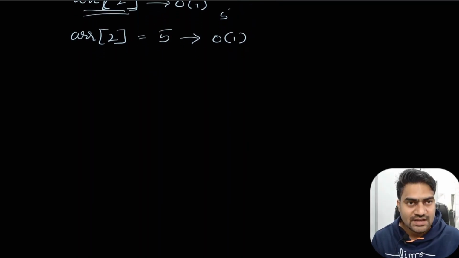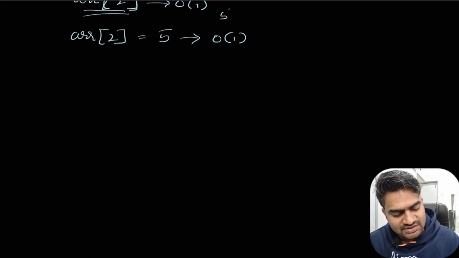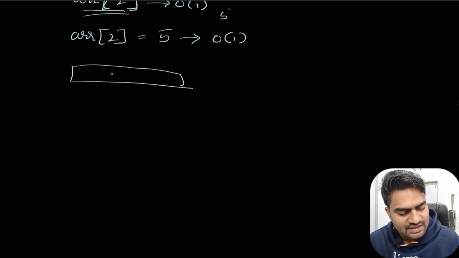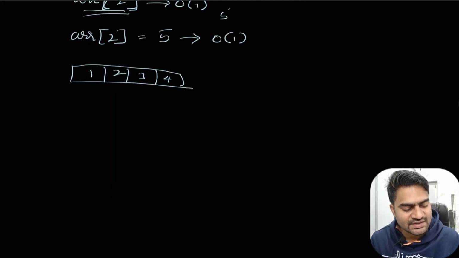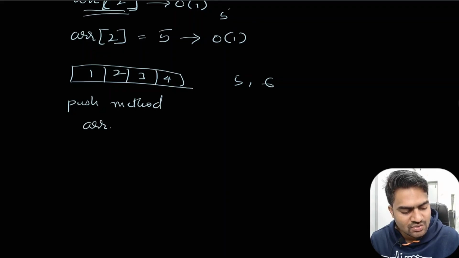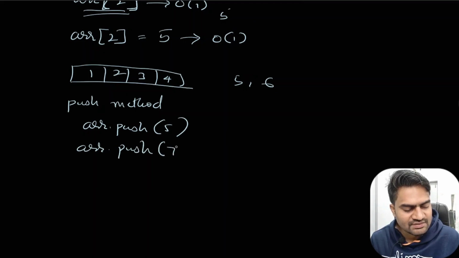Now let us also try to understand some built-in methods. Assume this is an array which is already created something like this. After this, I want to add elements into this particular array, say I want to add 5 and 6. How can I do it? I can use the push method. I will say array.push(5), then array.push(7).